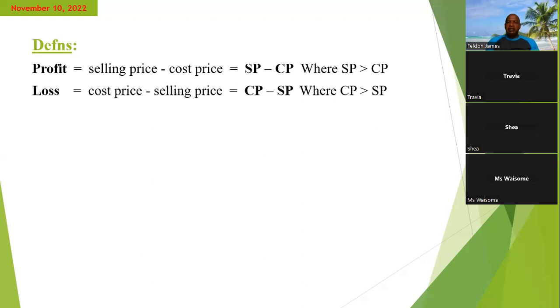In other words, you are selling the goods at a lower price than what you actually bought it for. So in this case, you would have your cost price minus your selling price, and when you take away your selling price, when your cost is greater than your selling price, you will calculate how much you would have lost throughout that sale.